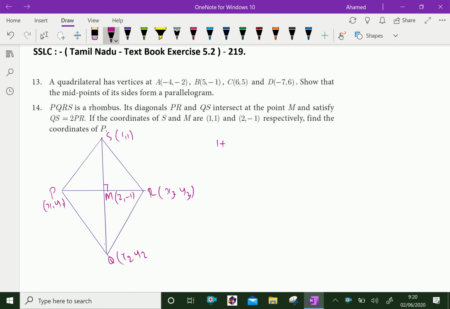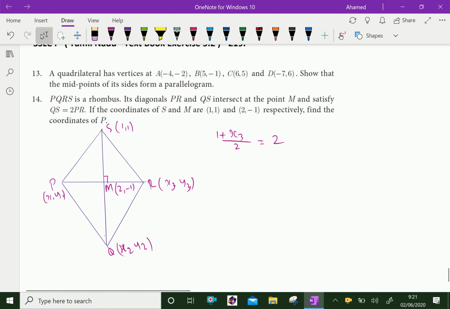Now M is the midpoint of S and Q. We can say that (1 + x3)/2 equals 2, since the midpoint M is 2 here. Therefore x3 equals 2 into 2, 4, minus 1, which is 3.